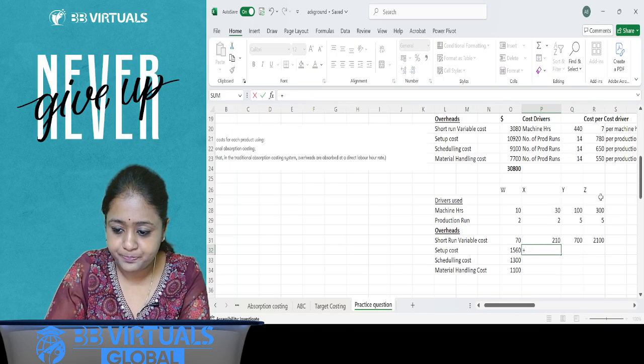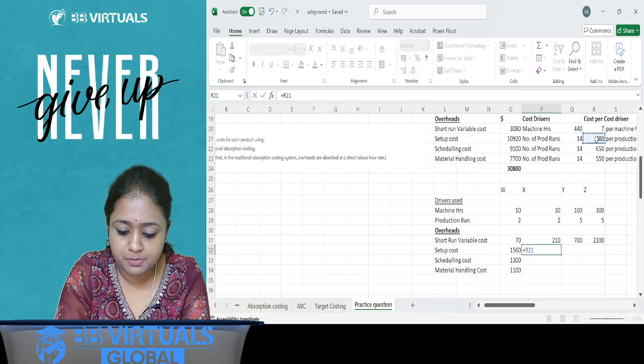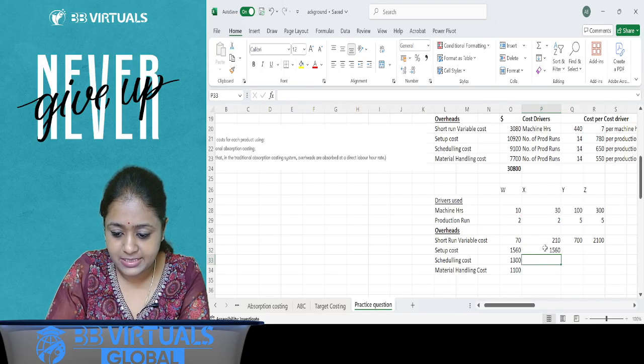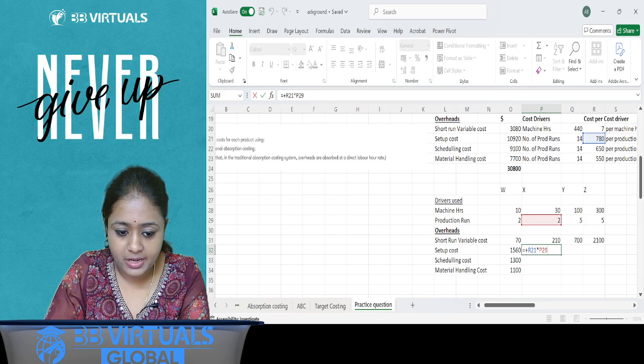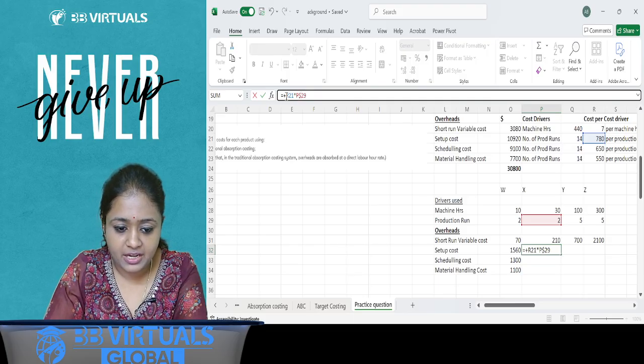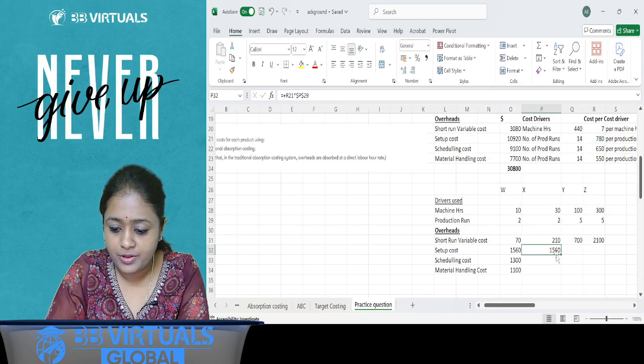product X. Product X, again the number of setup cost multiplied by product X has 2. Right? 2 production runs. Again the same. So again I will fix this cell so that my life becomes easy of doing the calculations. Yes, all of you.